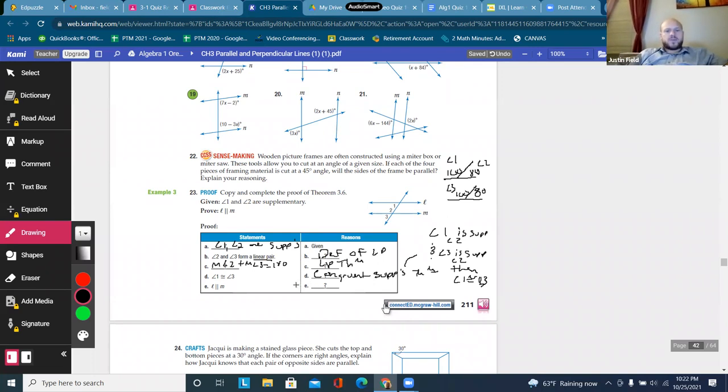And so anyway, the point is that 1 and 2 are SSIs, but now we have 1 and 3. So actually, we've just said that 1 is congruent to 3. So now we are saying that the lines are parallel because of what? What is the angle pair relationship between angles 1 and 3? They are corresponding angles. CAP converse.